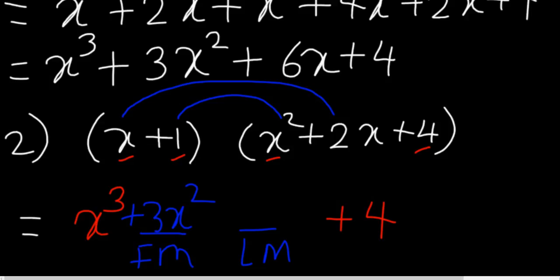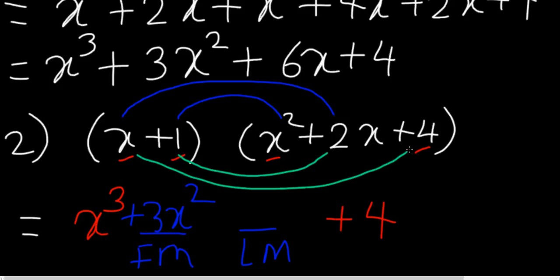For the last middle term, you multiply the first two terms with the last two terms. So 1 times 2x is 2x, and 4 times x is 4x. So 2x plus 4x is 6x. It's so easy to get the answer directly.